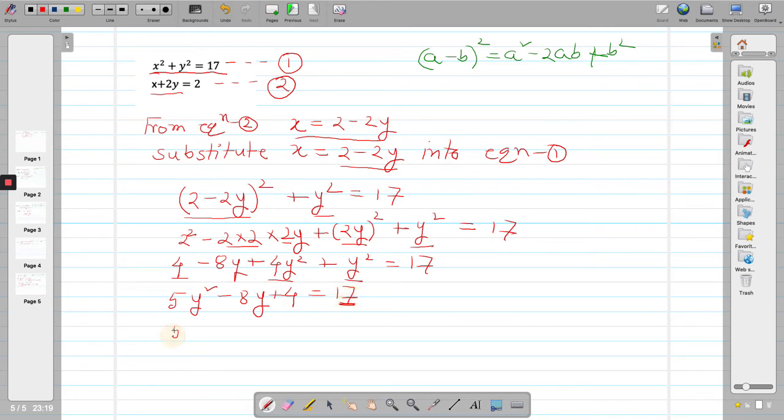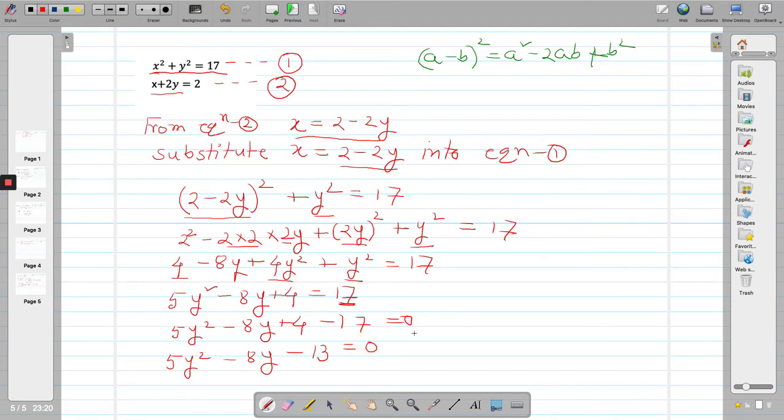So write down this 5y squared as it is, 5y squared minus 8y, and then plus 4 minus 17 equal to 0. So what do we get finally? We get 5y squared minus 8y, and then minus, if we take away 17 from 4, it will become minus 13, isn't it, equal to 0.